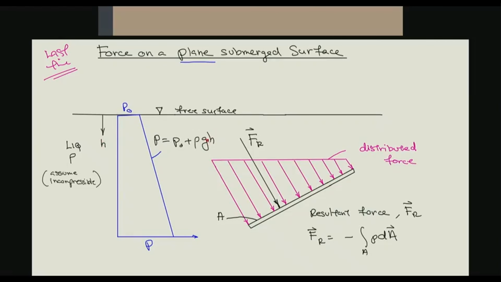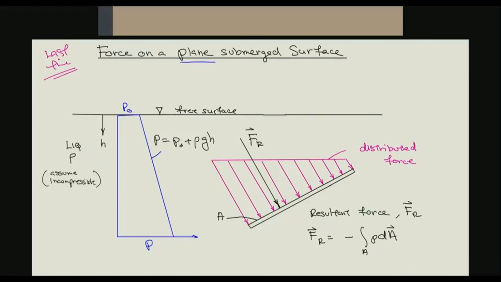Starting at h equals 0, P equals P naught, the pressure at the free surface, and it's a linear increase with depth. At this depth is this pressure, and as we increase in depth, the pressure increases linearly, and so will the corresponding force.